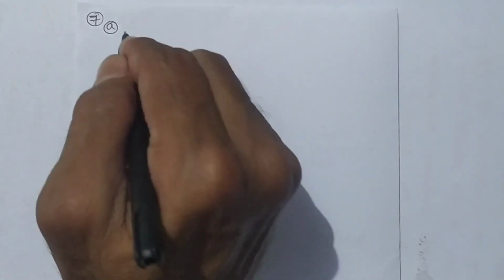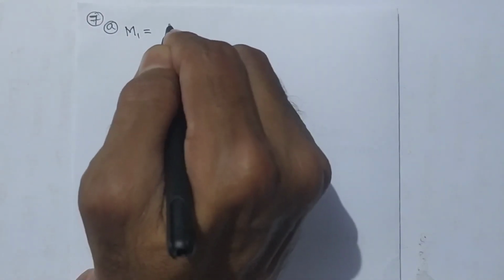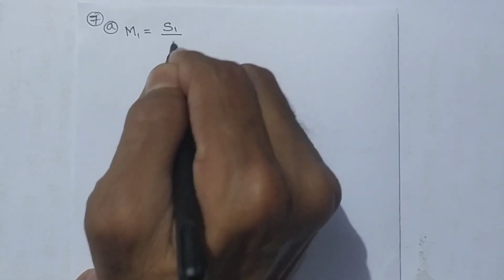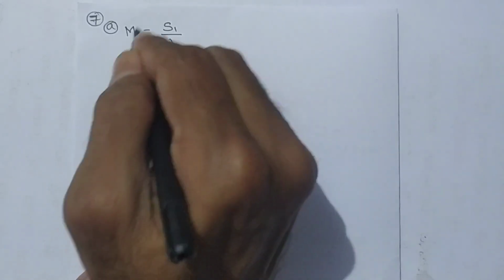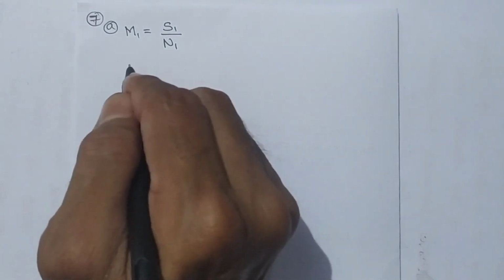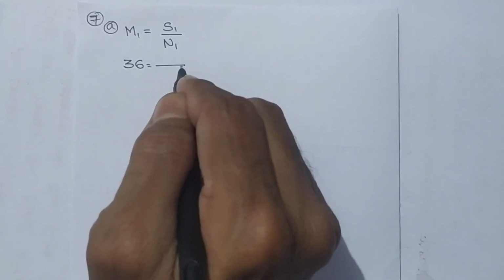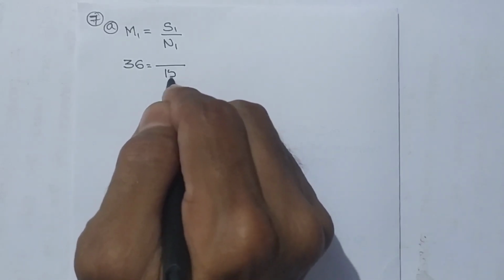Now let us see here, this is 7th problem, A bit. So here there are two means, okay, two sets of numbers. I am taking mean 1 equal to sum of all observations by number of observations. As it is the first case, I am taking everything as 1. So here mean is given as 36, the mean for how many numbers? 15 numbers.